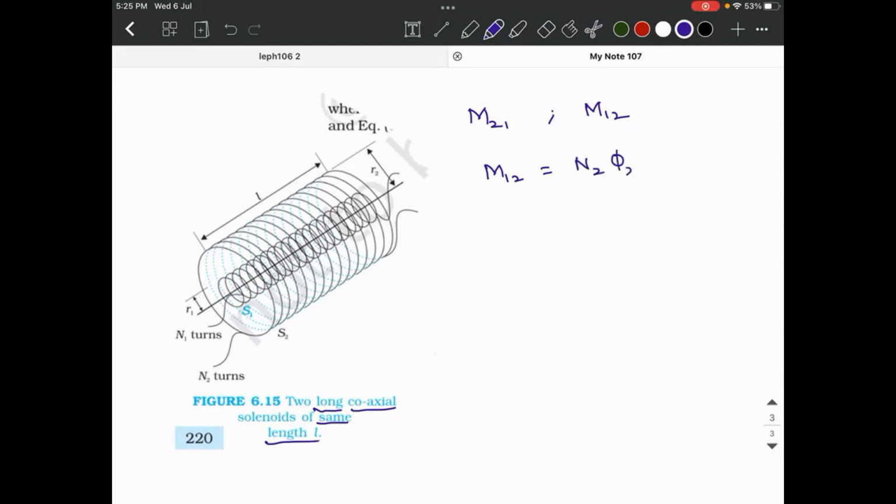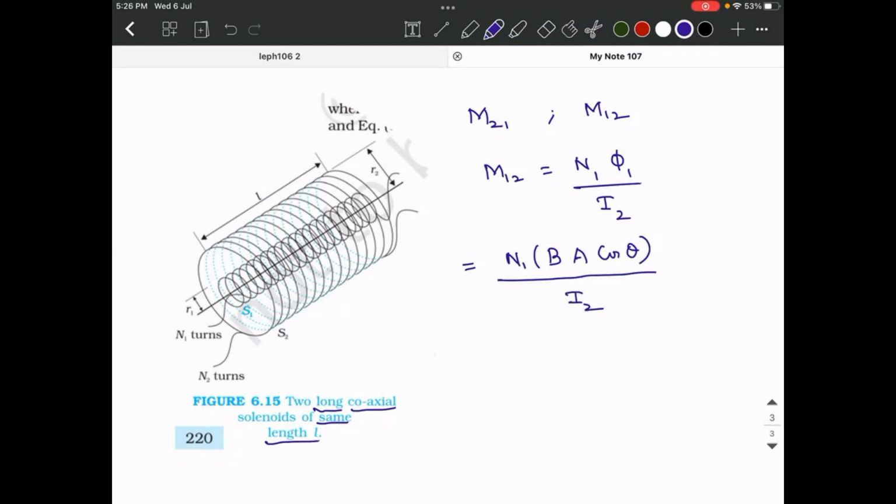N1 phi1 by I2. So N1 phi1 tells me that I need to find the total flux associated with the first coil. How can I write the flux? Flux is B A cos theta. You divide the whole thing with I2.